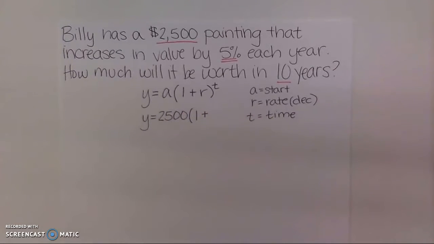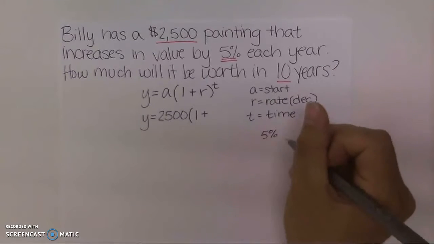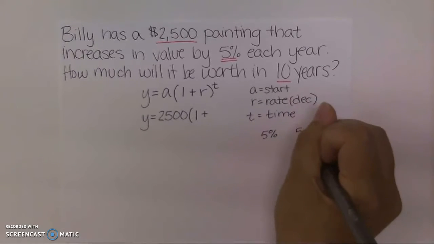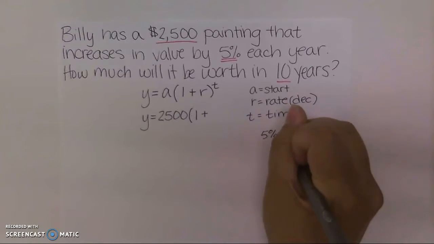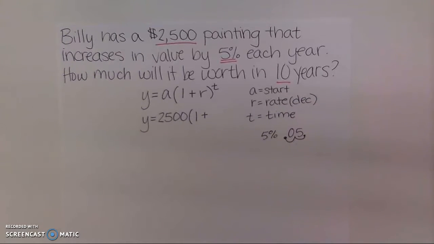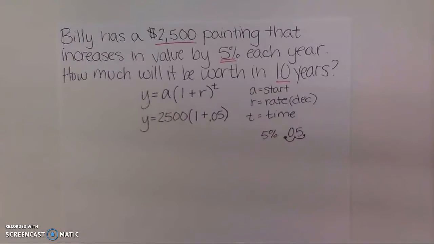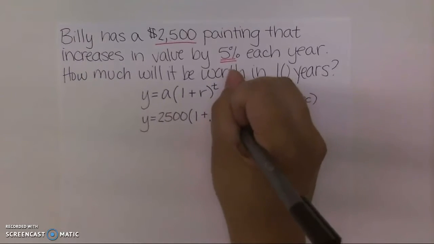I know the rate at which it increases every year is 5%. So 5%, it says it needs to be written as a decimal. So I'm going to move my decimal over 2 to get my percent to a decimal, so 0.05, and then my time is t, so that would be 10 years.